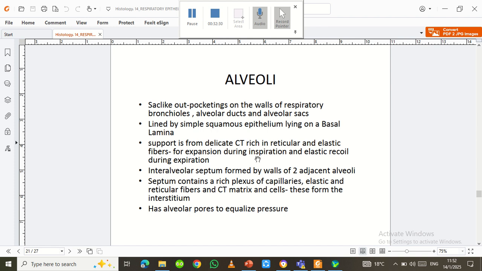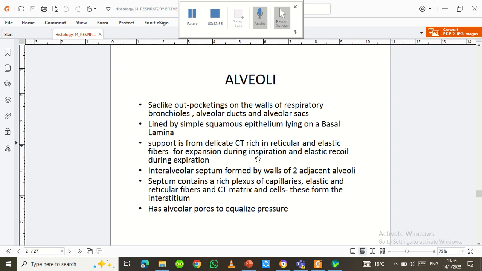Between two alveoli, you're going to have what's called the interalveolar septum, which has elastic tissue, an abundant capillary network, as well as reticular and elastic fibers.